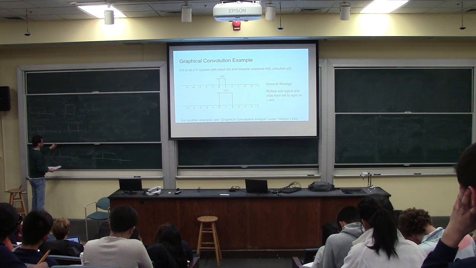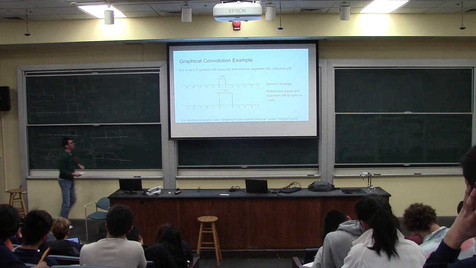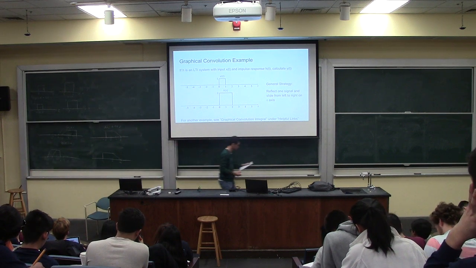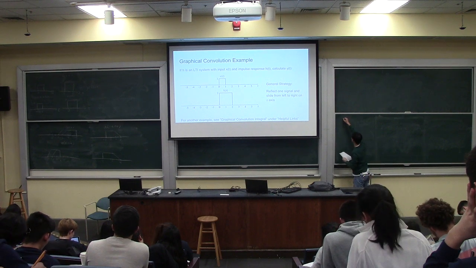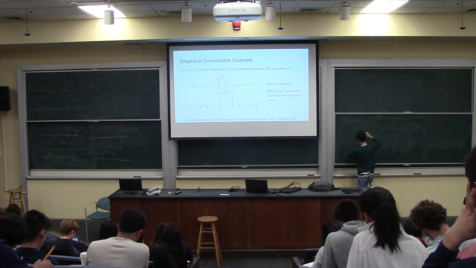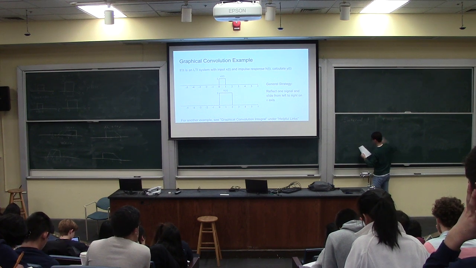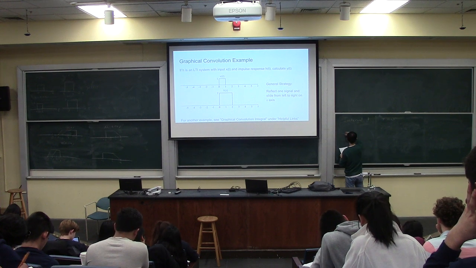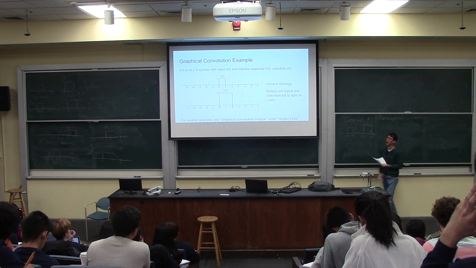So first case, I'm going to go over here. Is our interval 1. We have t less than 0. So this is when there's no region overlap, right?